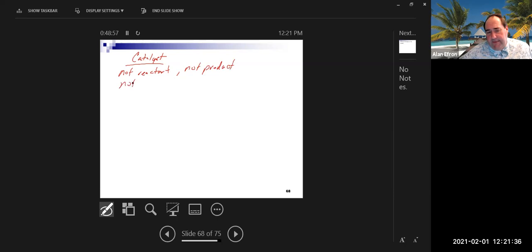It's not used up in the reaction. It is there usually just to speed up the reaction. There are catalysts that can slow down reactions, but most people think of a catalyst as speeding up the chemical reaction.